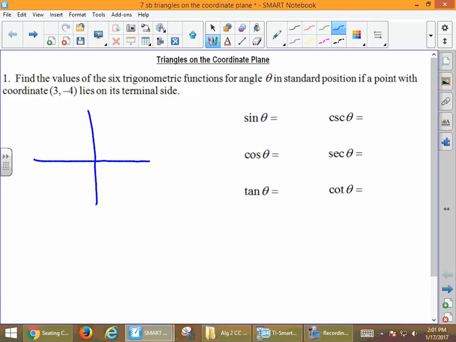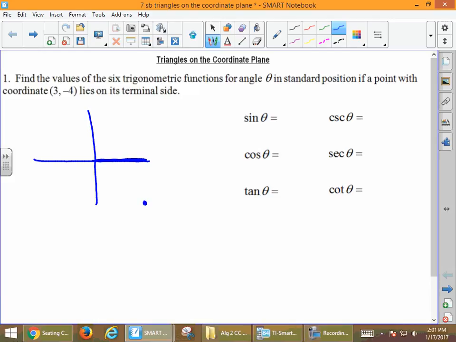So here's our initial side. But where does the coordinate 3, -4 lie? In other words, what quadrant is 3, -4 in? It's in the 4th quadrant. We went right 3, and then we went down 4.